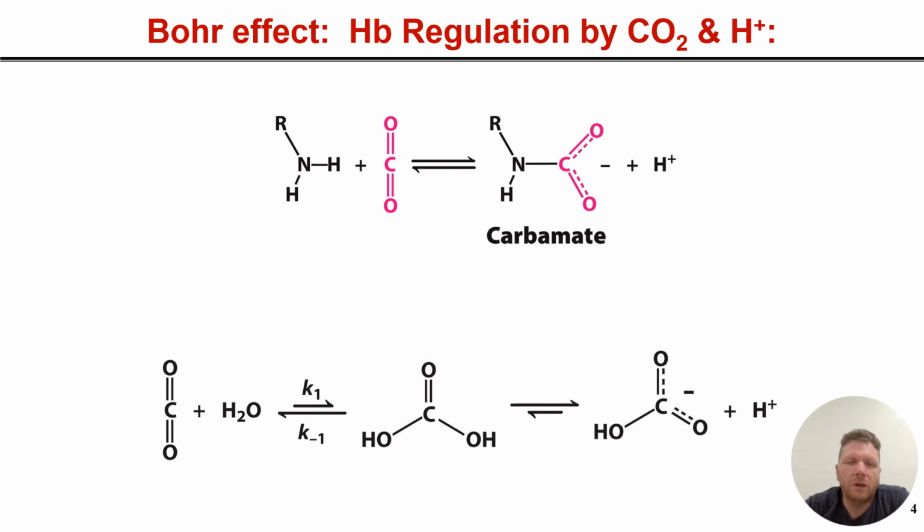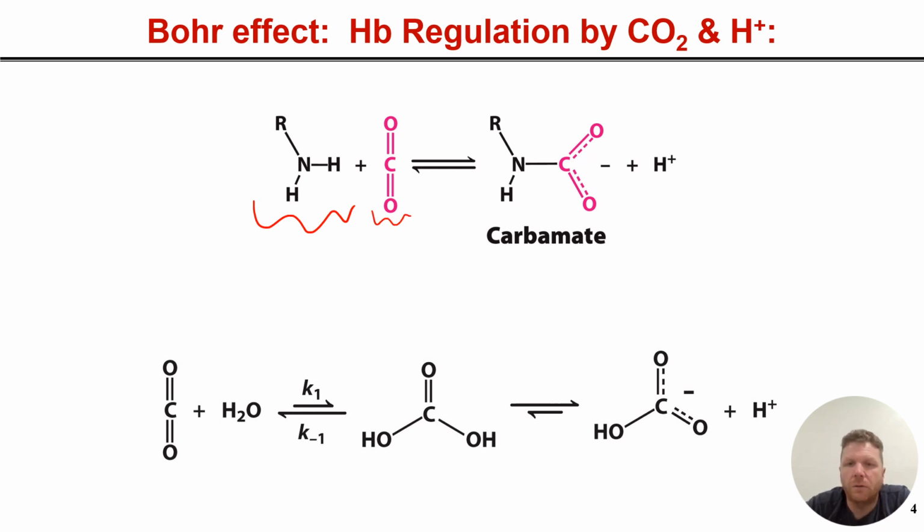Now, there's another property or phenomenon of hemoglobin that is important for y'all to know about, and that is commonly known as the Bohr effect. Hemoglobin can be regulated by CO2 and protons. If we look at this structure right here, this is basically the N-termini of our protein.